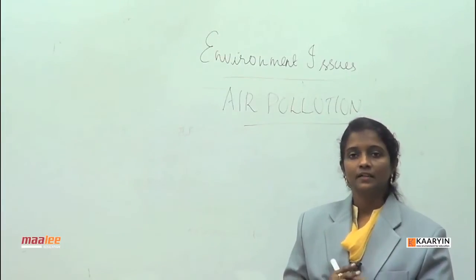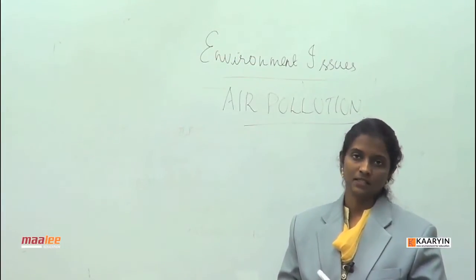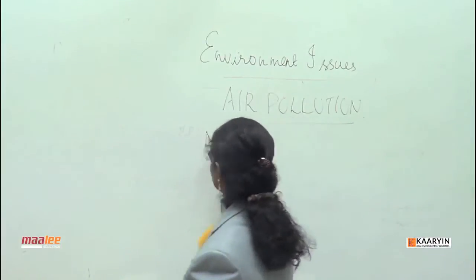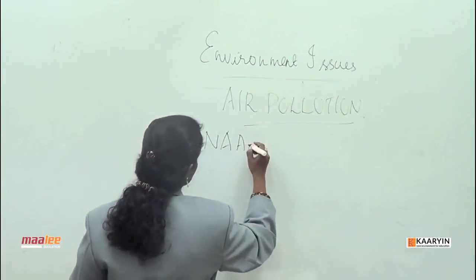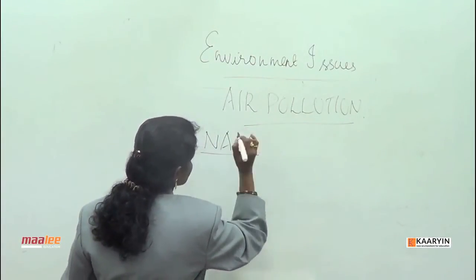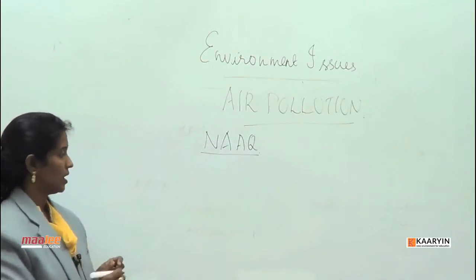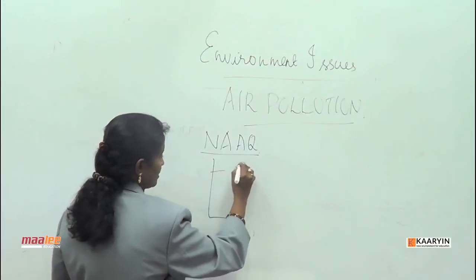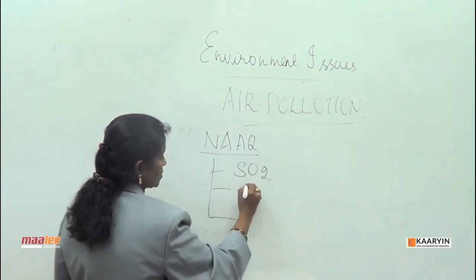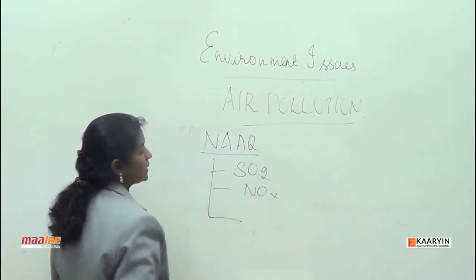The National Ambient Air Quality Standards (NAAQS) have devised that the various air pollutants are SO2, which is a primary air pollutant, and NOx, which is another primary air pollutant.